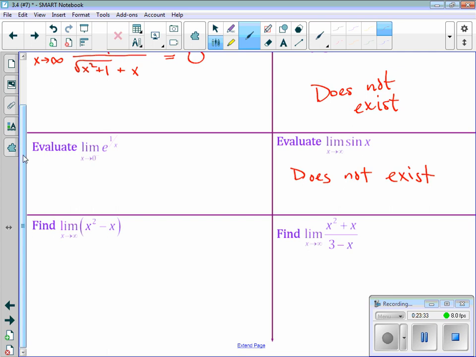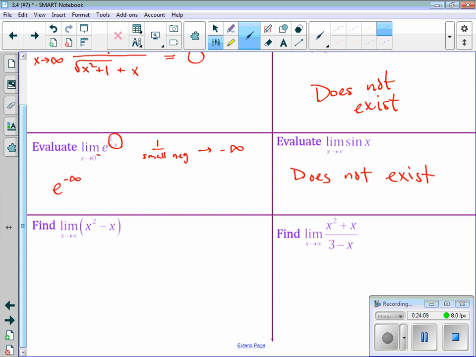All right, let's do this one here. This says 0 from the left, doesn't it? Okay, let's just focus on the exponent. As we're approaching 0 from the left, what is 1 over 0 from the left? A small negative. So if I've got 1 over a small negative, what do I get? We get a negative infinity. So I'm just going to replace this with a negative infinity.